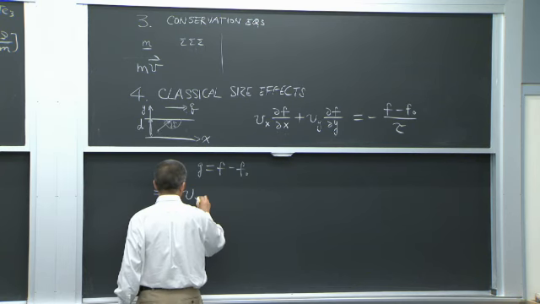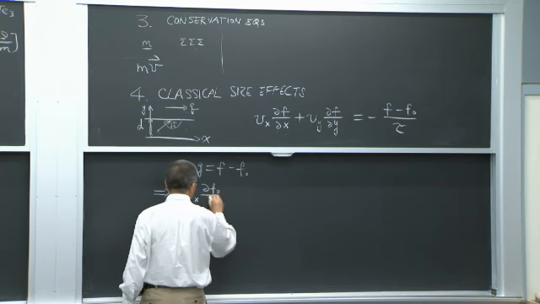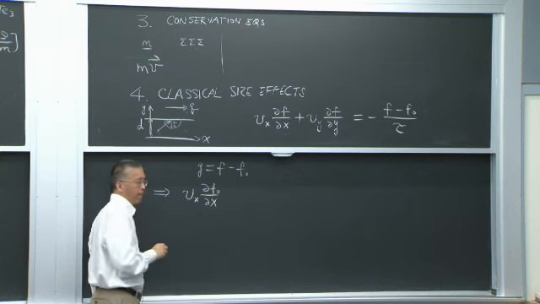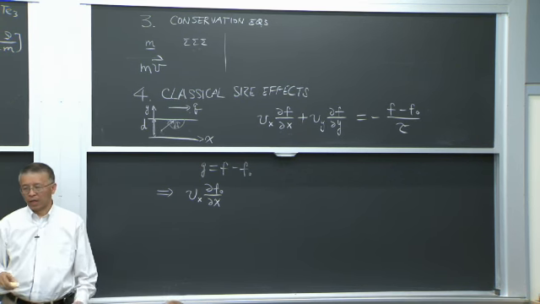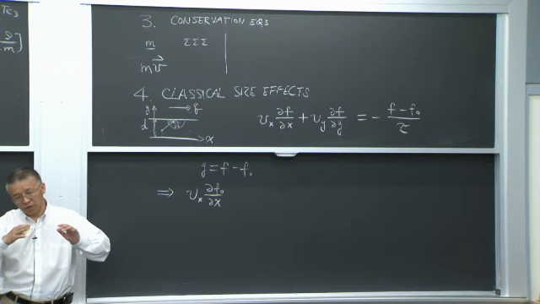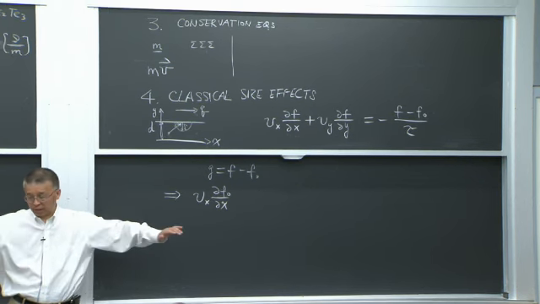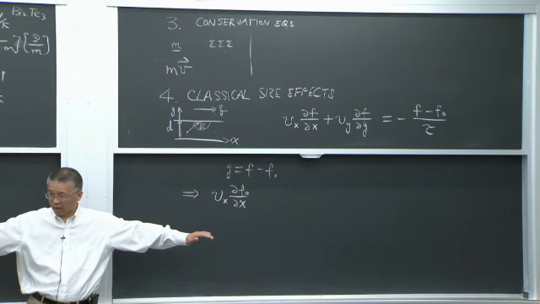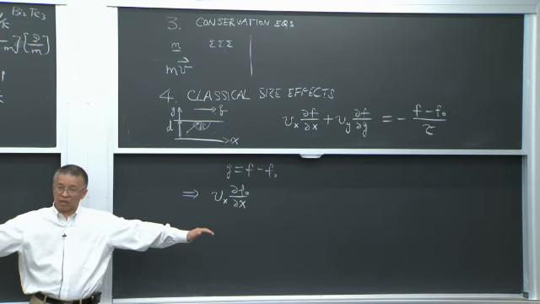What I get is Vx df0/dx, and then dg/dx. But in the x direction my variation is relatively small, since I said the x direction is very long, so that dg/dx can be dropped.